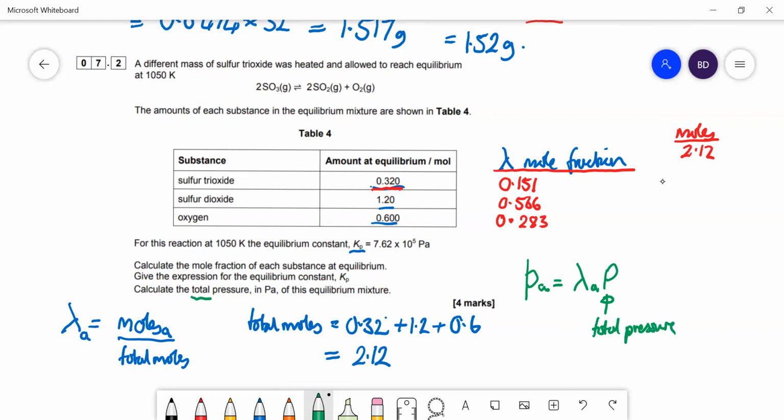And that's what we've got to find out in this calculation. So I'm going to put down here in this table the partial pressure of each thing. So that's going to be 0.51 P. That's 0.566 P. And that's 0.283 P.